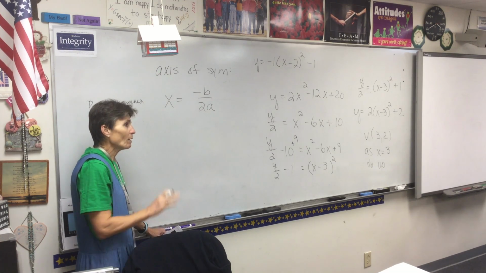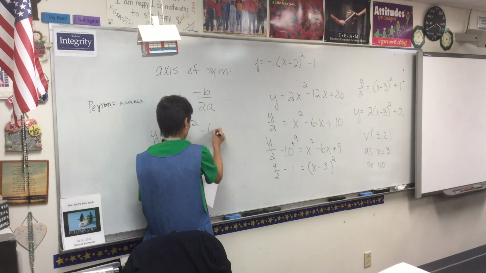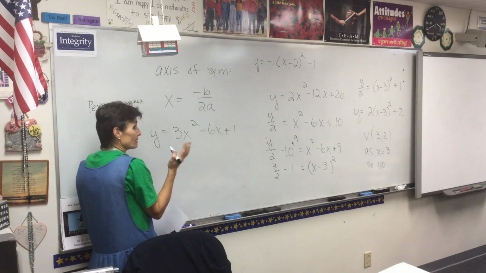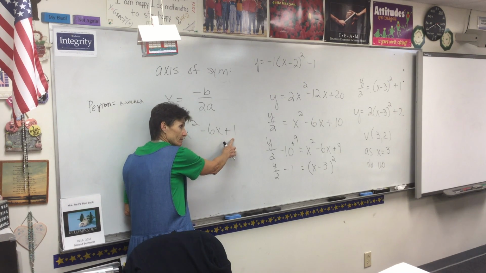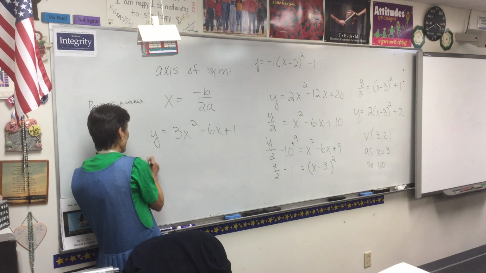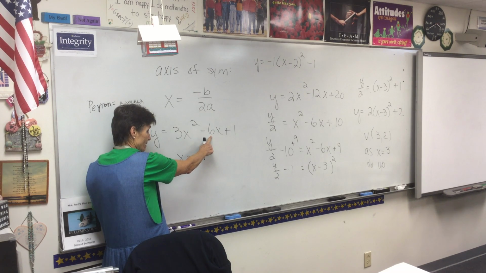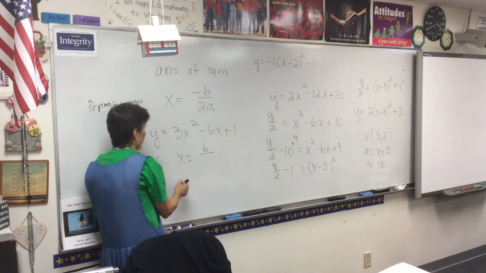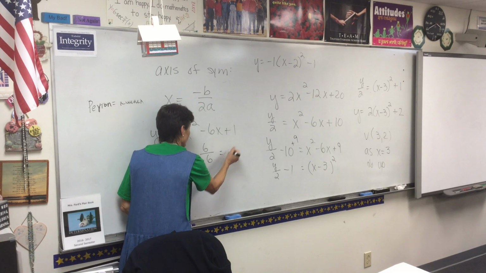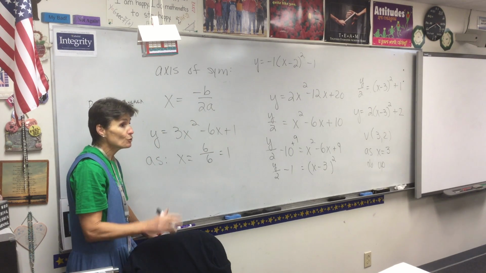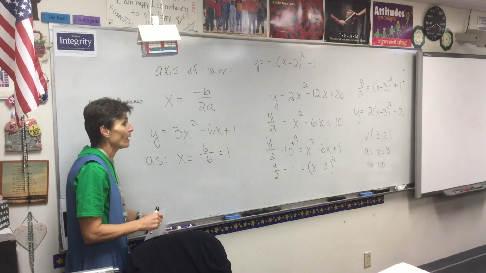We can take an equation like we have in problem A, and just like with the quadratic formula, that's your a, that's your b, that's your c. We can say the axis of symmetry is x equals negative b, which would be 6, over 2a, which is 6. So x equals 1.